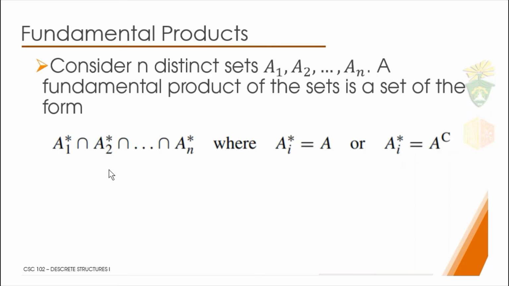It is the intersection of all of these sets, where each of these sets could be the original set or it could be the complement of the set. It is quite complicated to see what a fundamental product is only by looking at this definition.